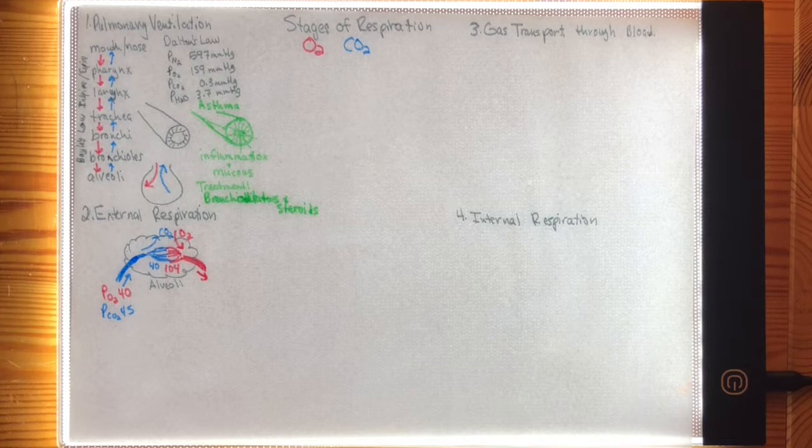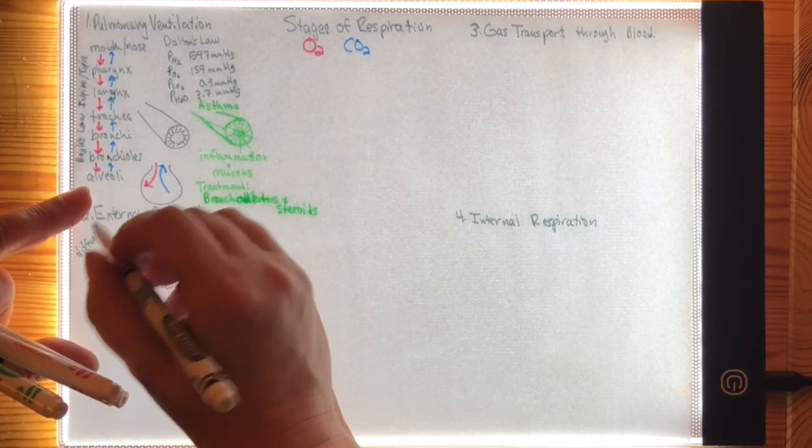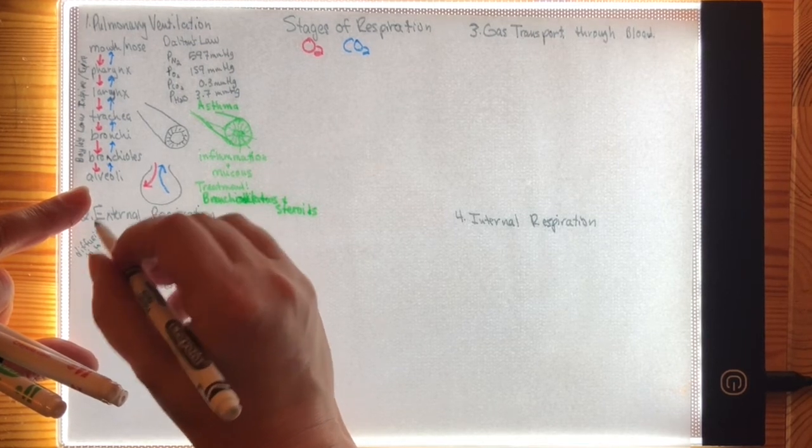Compare the numbers. The blue blood coming in is at 40 for oxygen, but the lumen of the alveolus is 104. The blood surrounding the alveolus is at 45 for carbon dioxide, but the lumen of the alveolus is 40. Try to rectify those two things in your mind and understand that we need to exchange these things without too much energy.